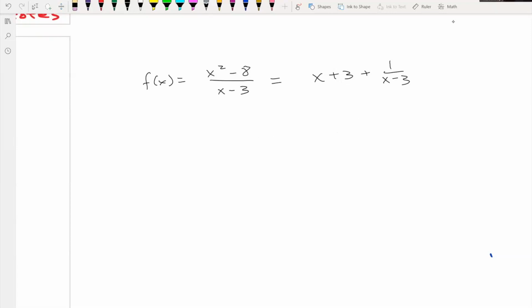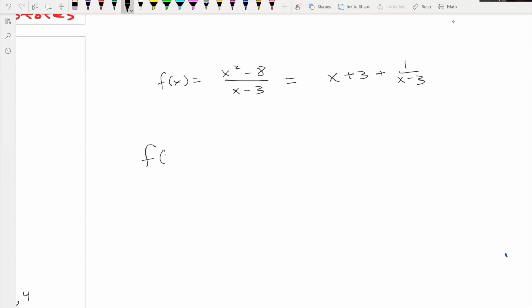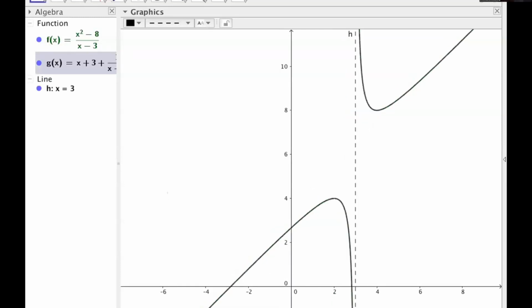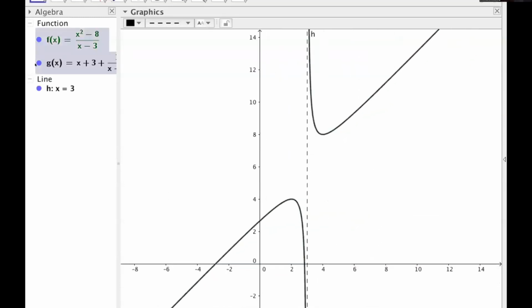The thing to notice when we rewrite this function as x plus 3 plus 1 over x minus 3. As a matter of fact, just to nail that home even further, let me put that in right here. Watch. If I come over here and put in a new function, g of x is equal to x plus 3 plus 1 over x minus 3, it is exactly the same function that we have in green, right?